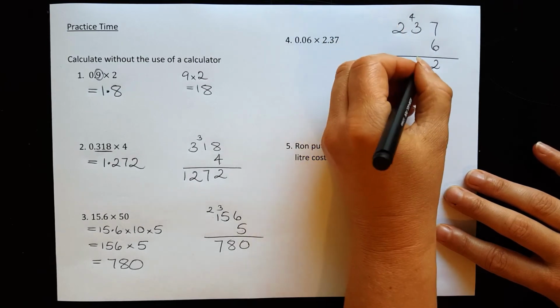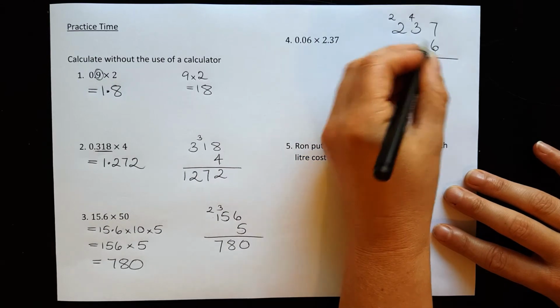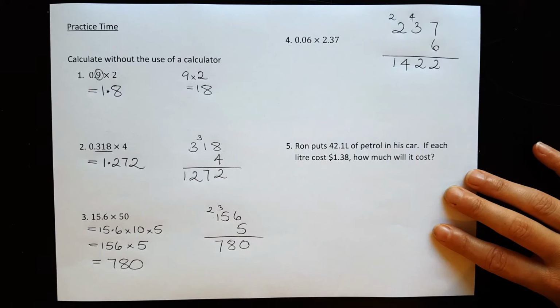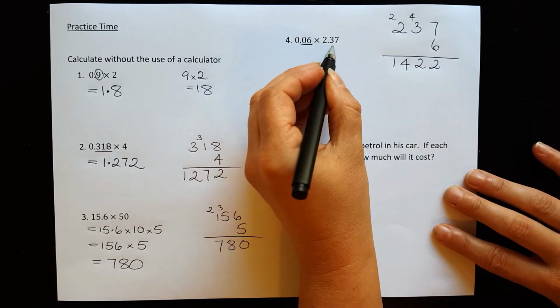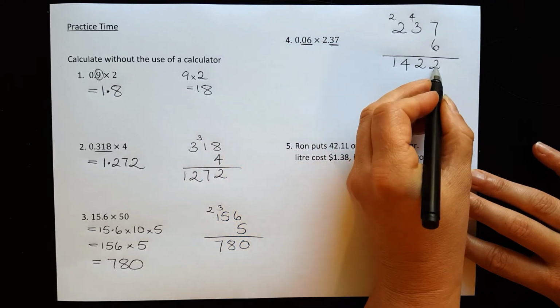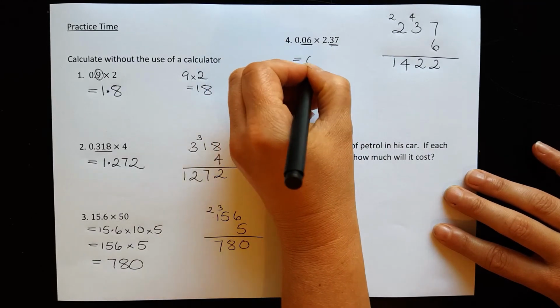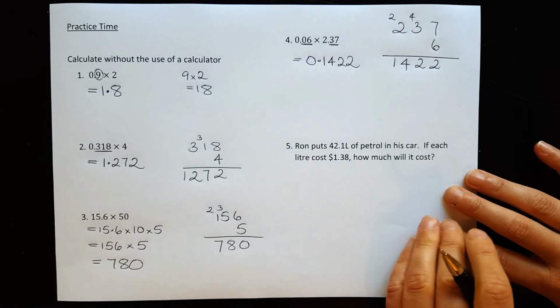Plus this on makes 22. 2 6s are 12. Plus another 2 makes 14. All right, now for the decimal places. There was 2 here and another 2 here. So there was 4 in total in the question. So all 4 of these numbers need to be after the decimal place. So 0.1422 is the answer.